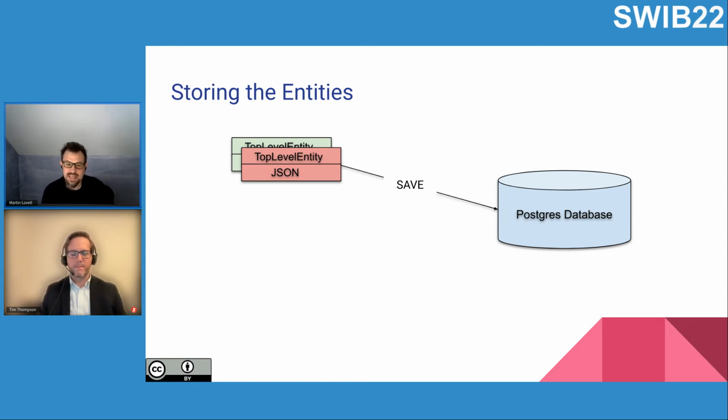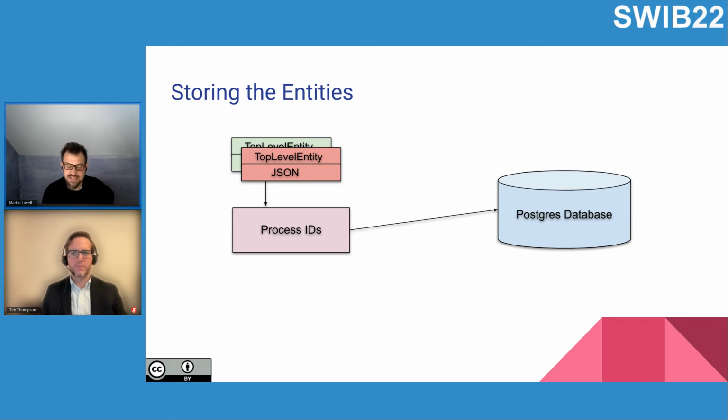During that process, any top level entity, any resolvable entity that gets created, and its JSON, gets saved to the database. And during that process, it goes through these filters or processes that either manipulate the data or store some of the data. This is one of them that we use.